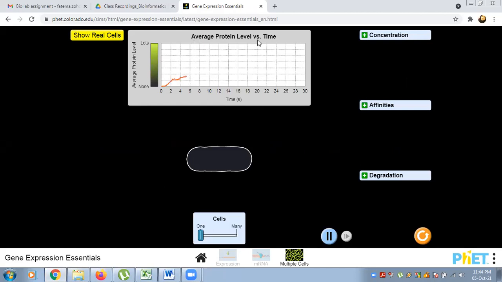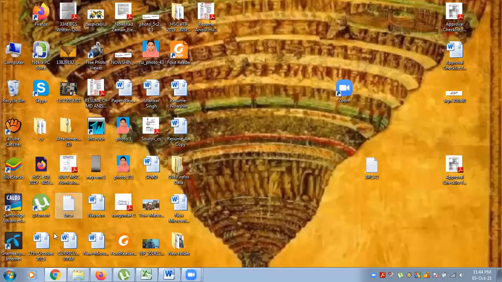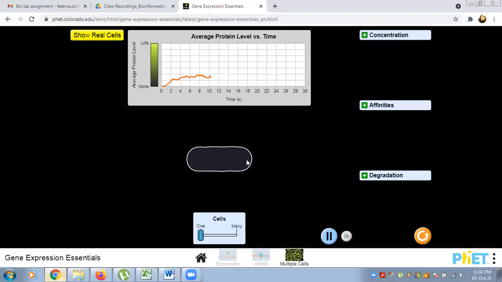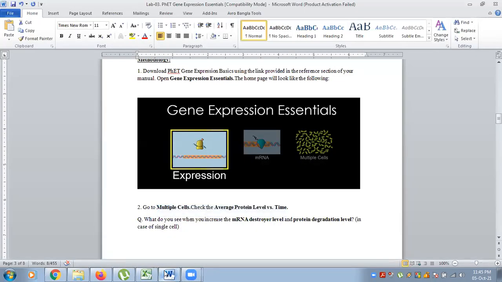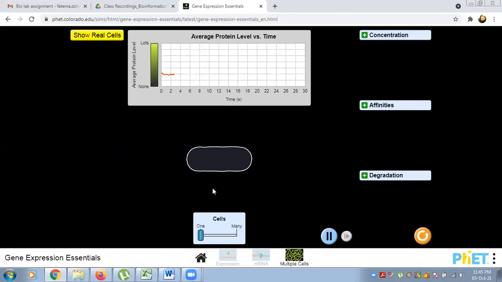This is the average protein level with time. So we can see that from the cells, the proteins are being produced, and the level of protein is demonstrated here in that graph. Okay. So this is the average protein level versus time by this organism. Okay. This is a bacterial cell.